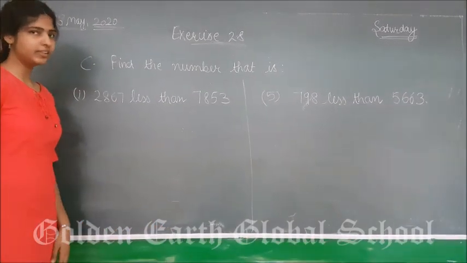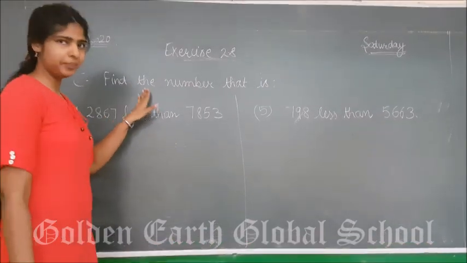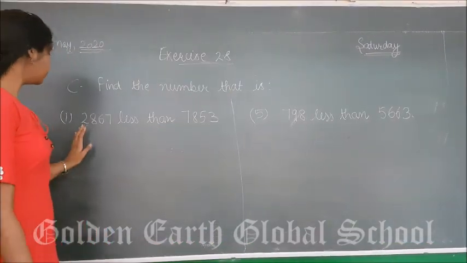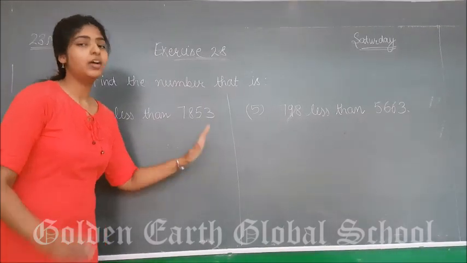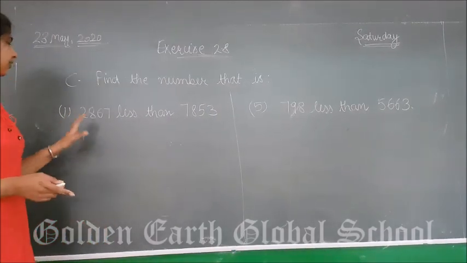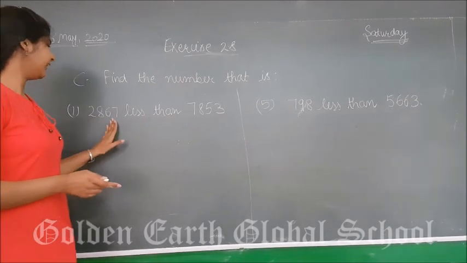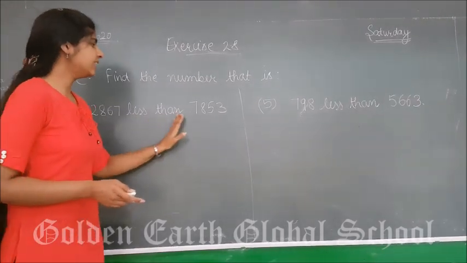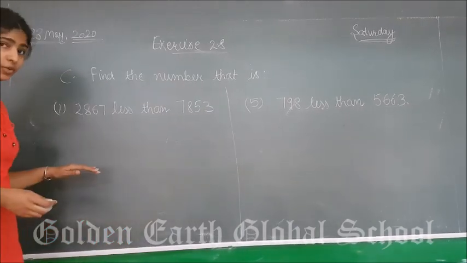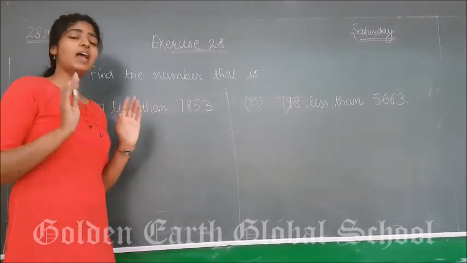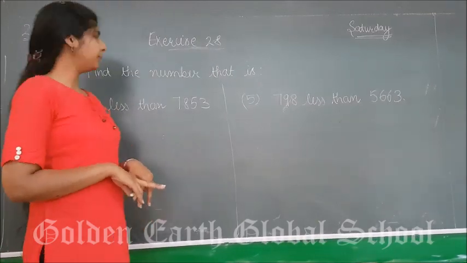Now we are doing the C part. Find the number that is 2867 less than 7853. We have to find the number which is 2867 less than 7853. What will we use? Less ka meaning is we have to use the concept of subtraction.